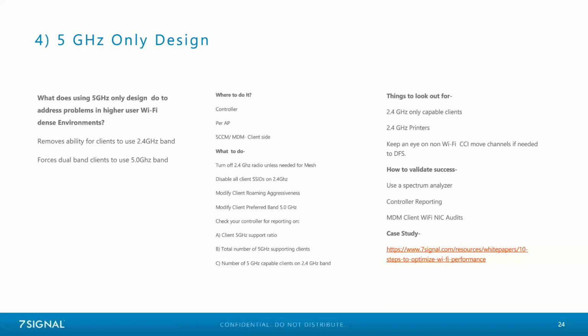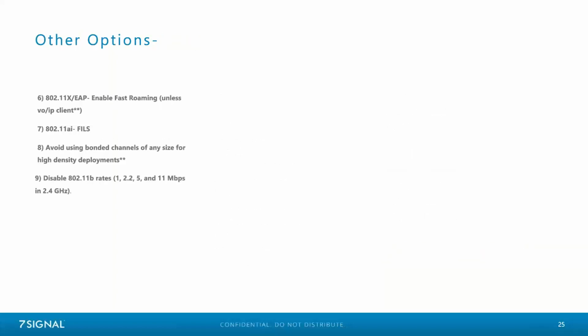I wanted to mention some other options here that I didn't get a chance to address. One is 802.1X and EAP, for enabling fast roaming. You'll notice I put a little caveat there, unless it's a VoIP client, with a double asterisk for best practices. Why would we not want to do that with voice? Voice devices are usually roaming left and right, moving.